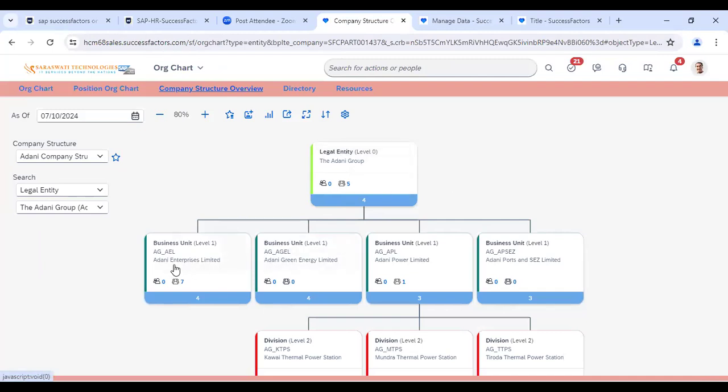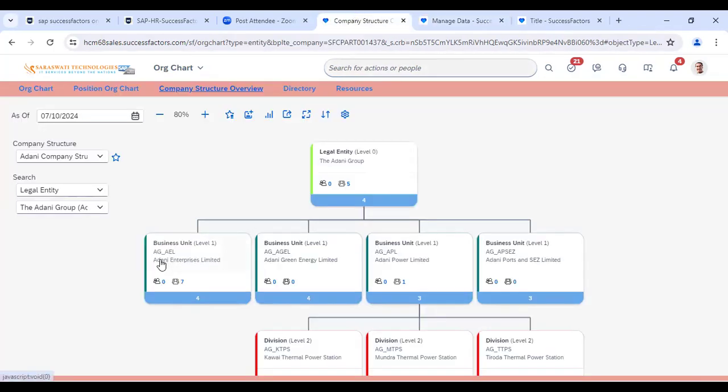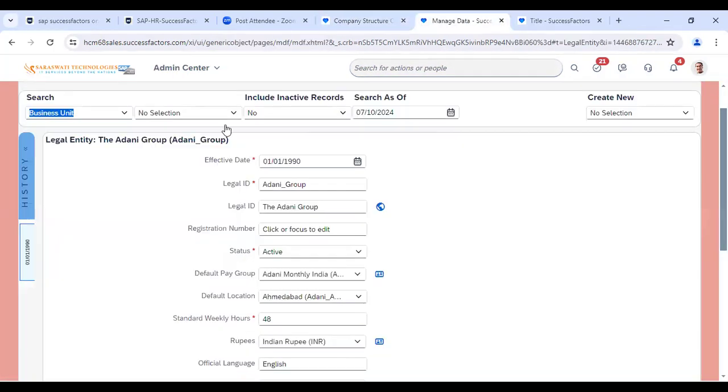In a similar way, we have the business unit. If you go on to the business unit also, what is that? The business unit is AG underscore AEEL. That is the code for every business unit. You can see the legal entity code here.